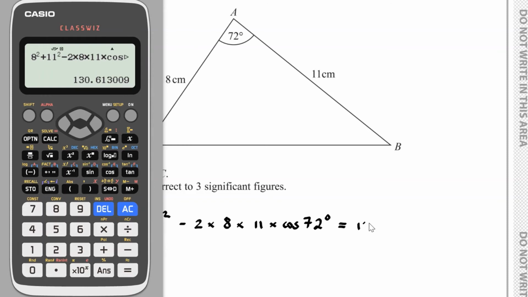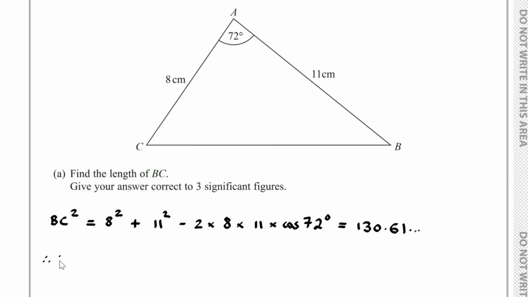We end up with 130.61, etc. And so the square root of this is 11.42, etc. So BC is equal to 11.4 given to 3 significant figures.